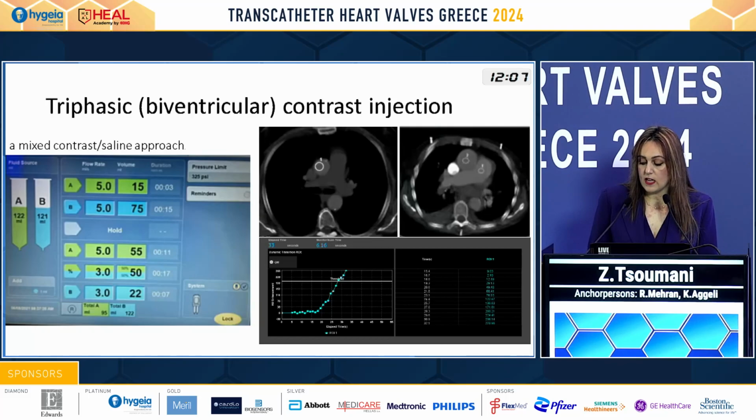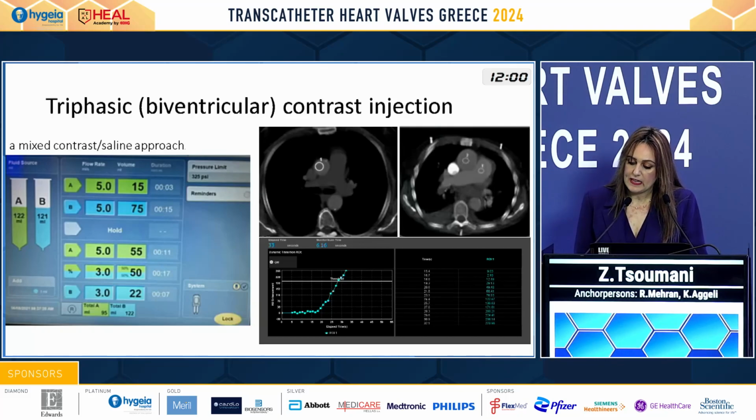We can use the test bolus or bolus tracking technique with a region of interest to be placed in many structures, ideally at the middle of the right ventricle, in order to avoid early or late triggers.